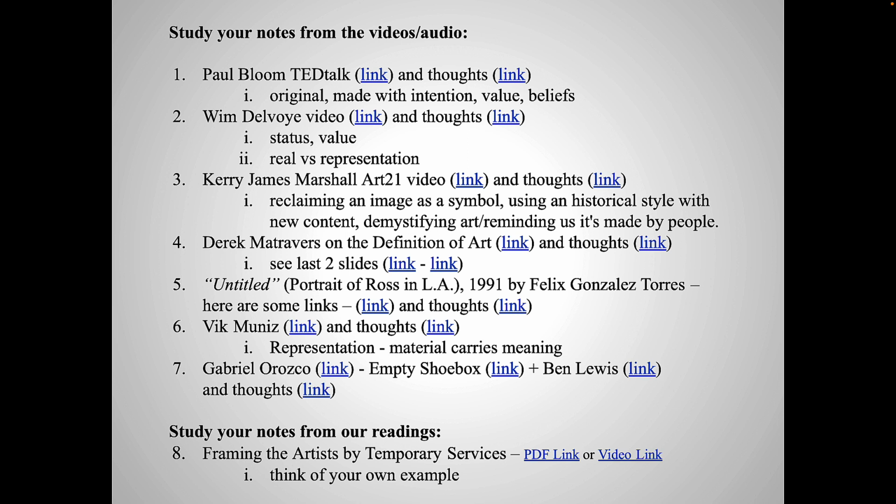Kerry James Marshall, we talked a lot about, specifically about his reclaiming of a symbol through an image.